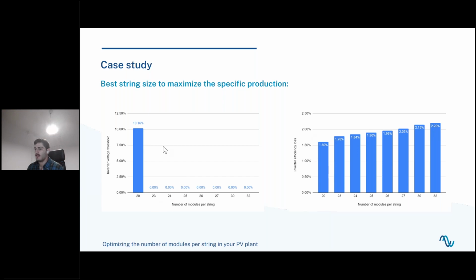That's why 23 modules per string is the design where we are not having any loss due to the voltage threshold. And also with 23 modules per string, we are having the best efficiency of the inverter when compared to the other designs that had no loss for the voltage threshold either.